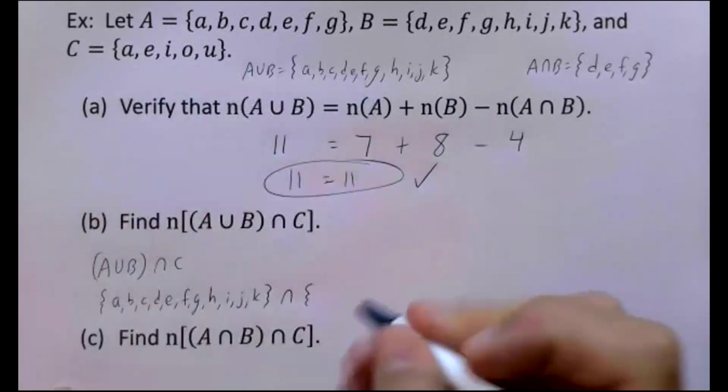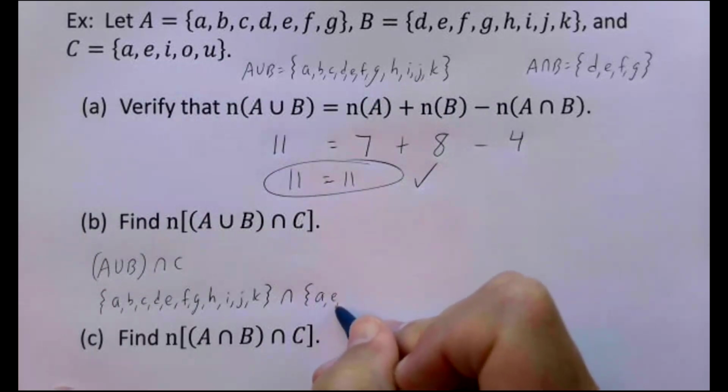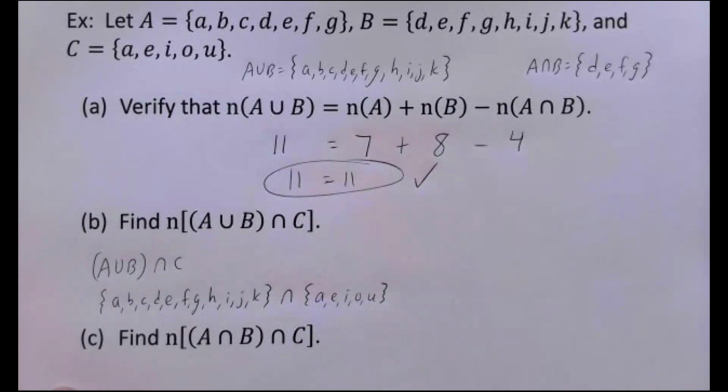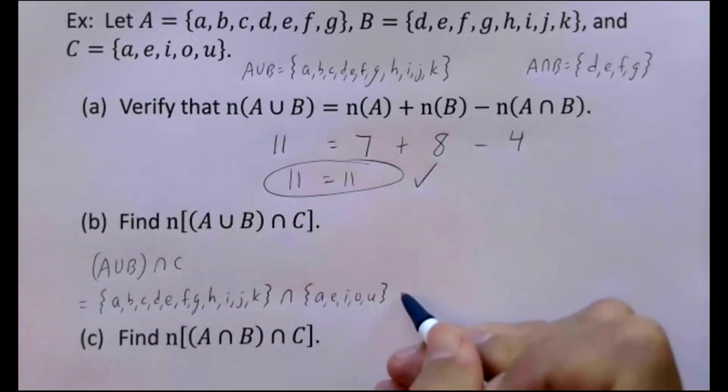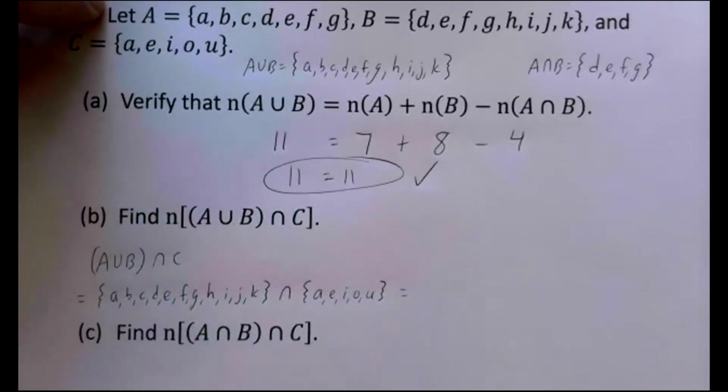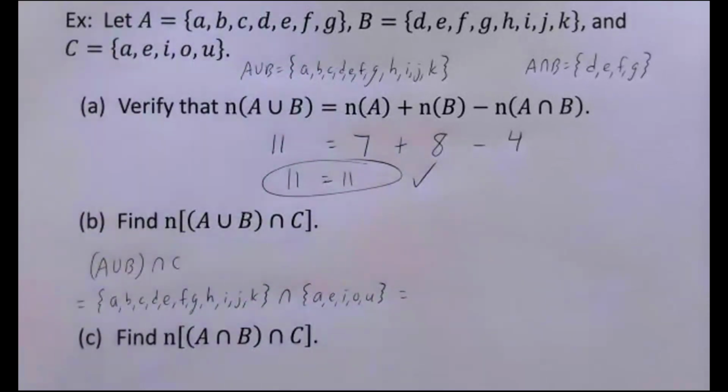Well, it's given to us right there: A, E, I, O, U. So A union B is right there, C is right there. We're trying to intersect those two things. What does that intersection look like? We need to talk about the elements that are in both of them at the same time. Remember, that's what intersection means. The overlap, where do they overlap each other?